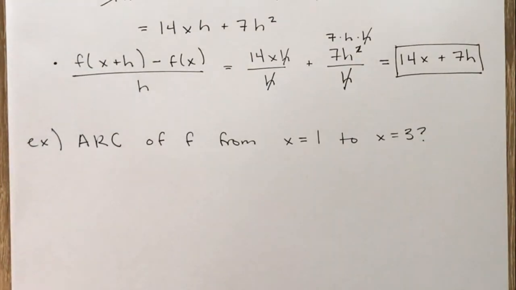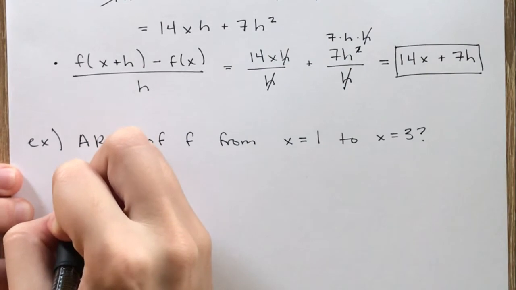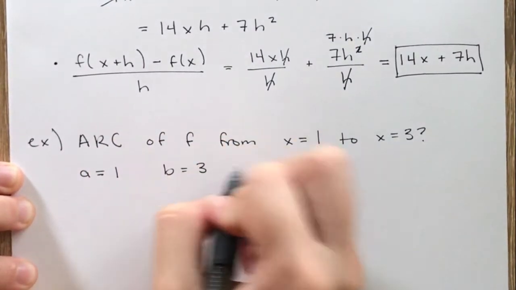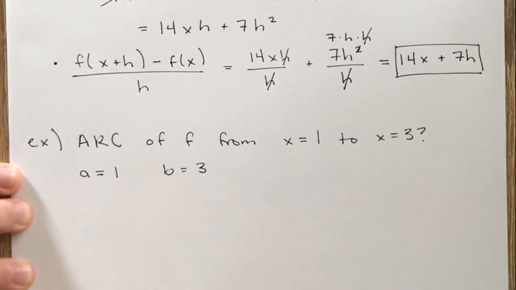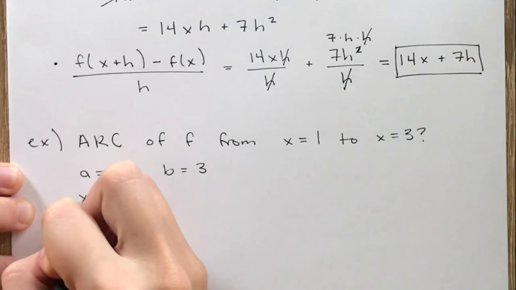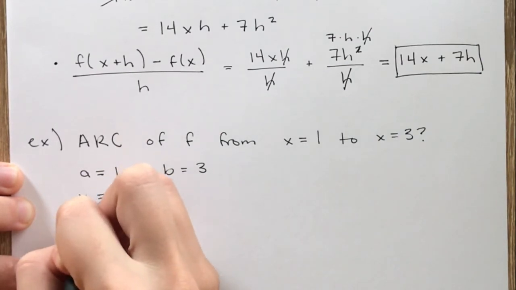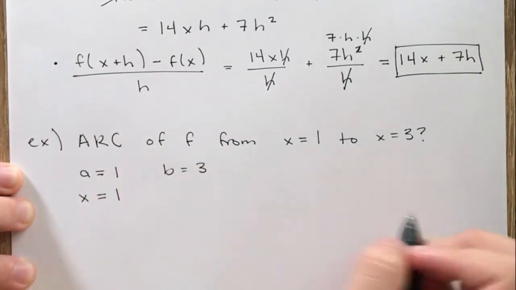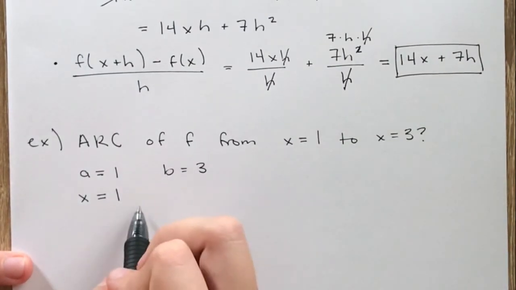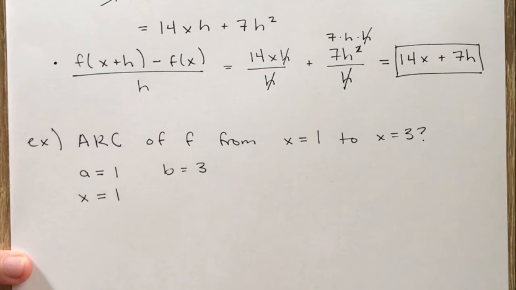So let's see if we get the same thing. So here, before we let a be 1 and we let b be 3, with the difference quotient, we said, okay, instead of calling it a, we're going to call it x. So x is 1, and then b was h away from x.